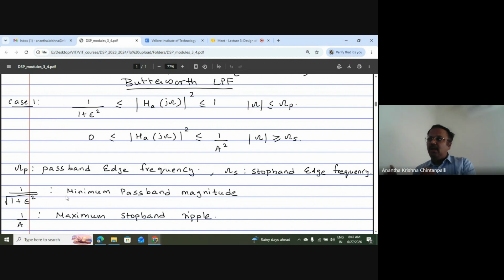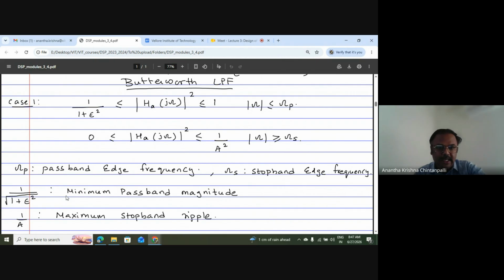So in my design, the frequency which I want to reject can have a maximum of 1 over A. Ideally, I want to have zero. Obviously, all the frequency should be rejected. But when you design a practical filter, you cannot completely remove the frequency. You can make sure that you minimize the unwanted frequency as much as possible.